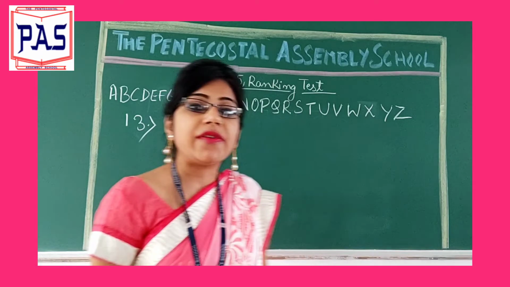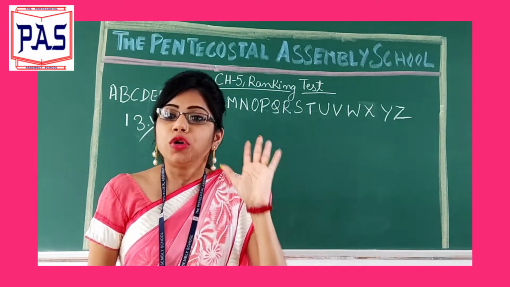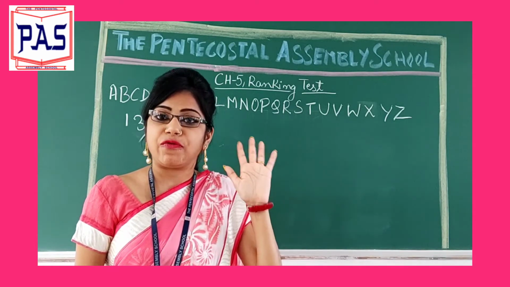So what are vowels? A, E, I, O, U are the 5 vowels.